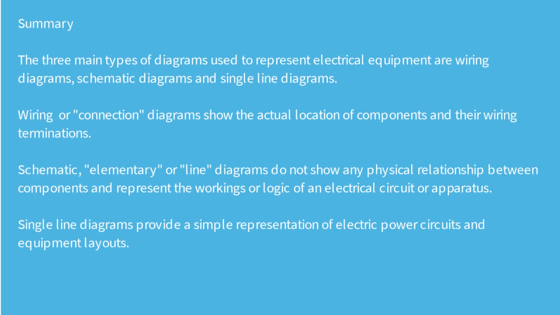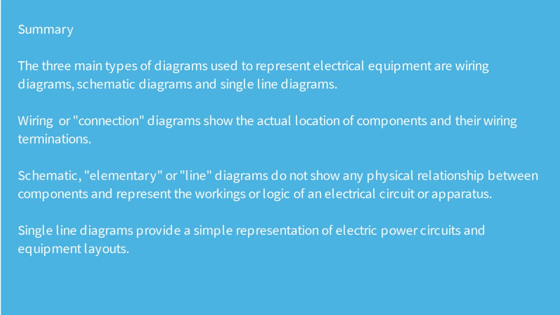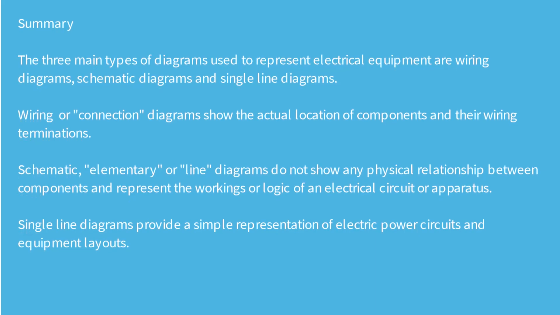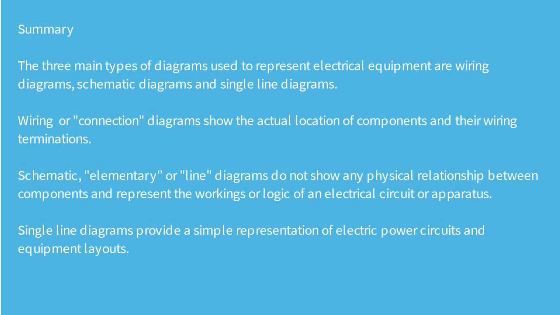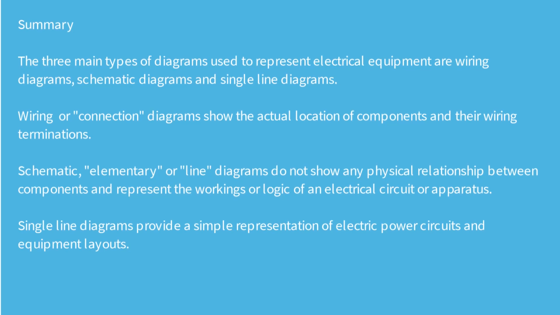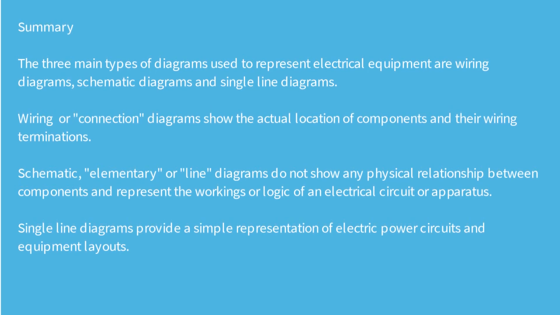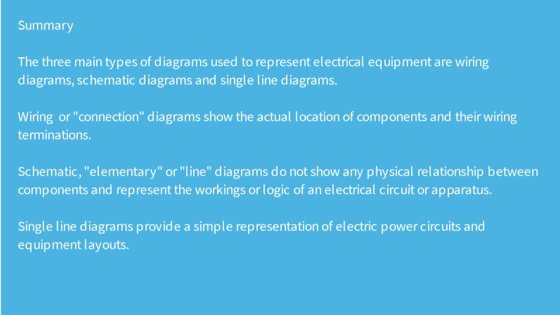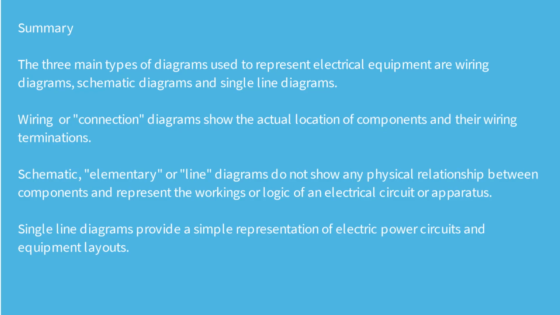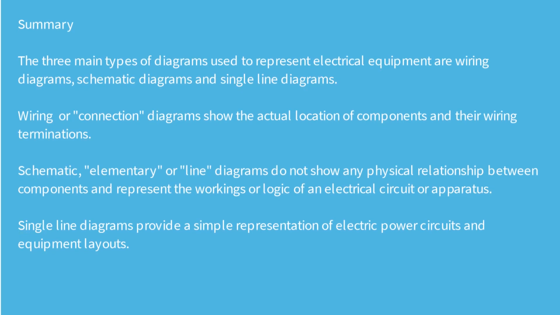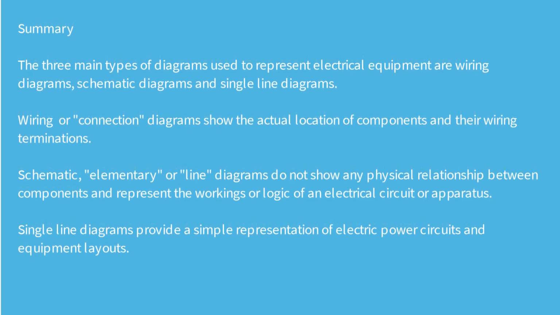Schematic, elementary, or line diagrams do not show any physical relationship between components and represent the workings or logic of an electrical circuit or apparatus. Single line diagrams provide a simple representation of electric power circuits and equipment layouts.